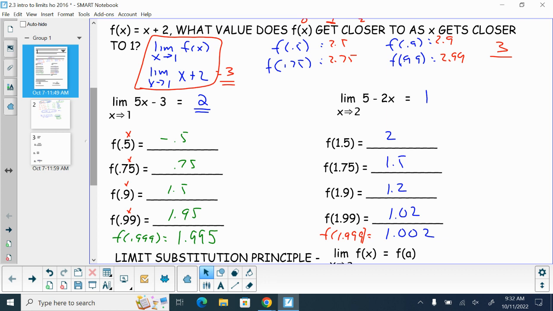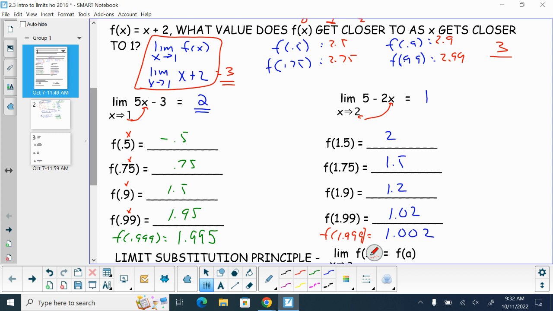What is occurring here? What could we do with respect to being able to evaluate a limit? Just plug in the limit for x. If we put in the value of 1 for x, we have 5 minus 3, which is a value of 2. We have 5 minus 2 times 2, which is a value of 1.